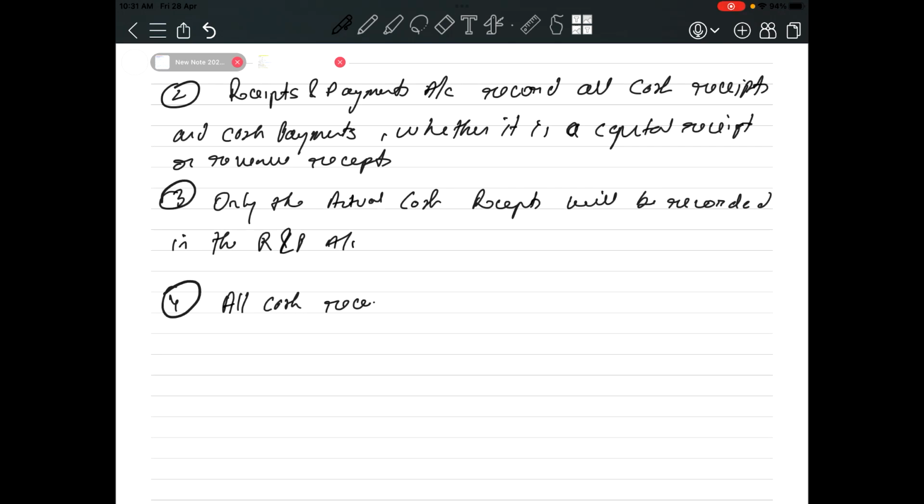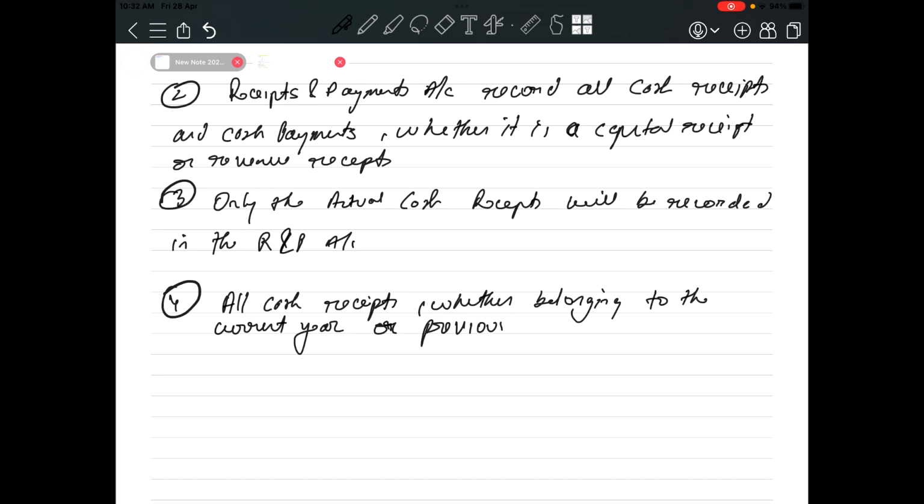All cash receipts, whether belonging to the current year or previous year or next year, are recorded as receipts.